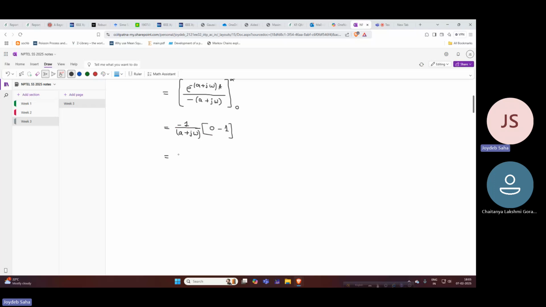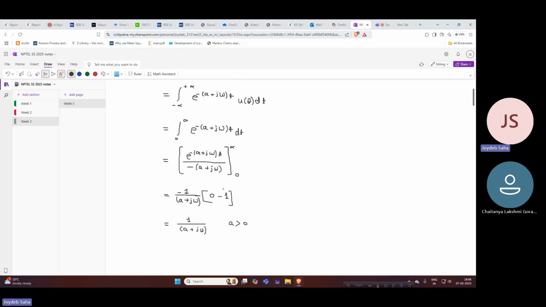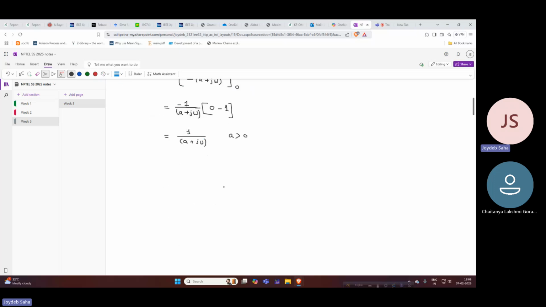So this is 1 upon (a plus j omega) for a greater than 0. Fine. So this is what we have solved. Now we will solve a very interesting, very small problem.